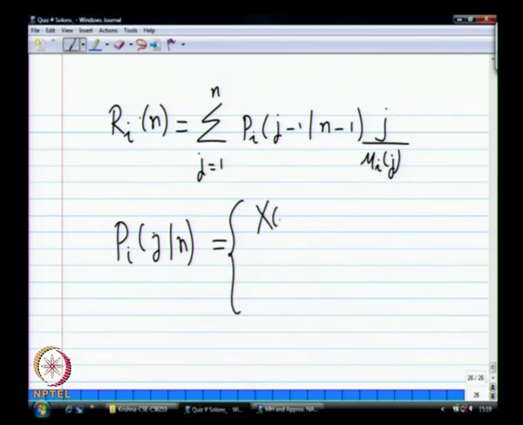This is defined as x of n by mu, defined recursively.